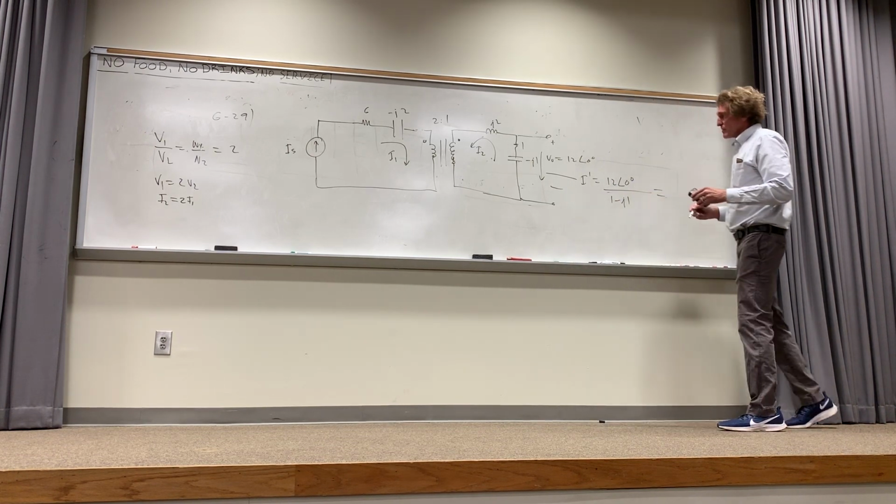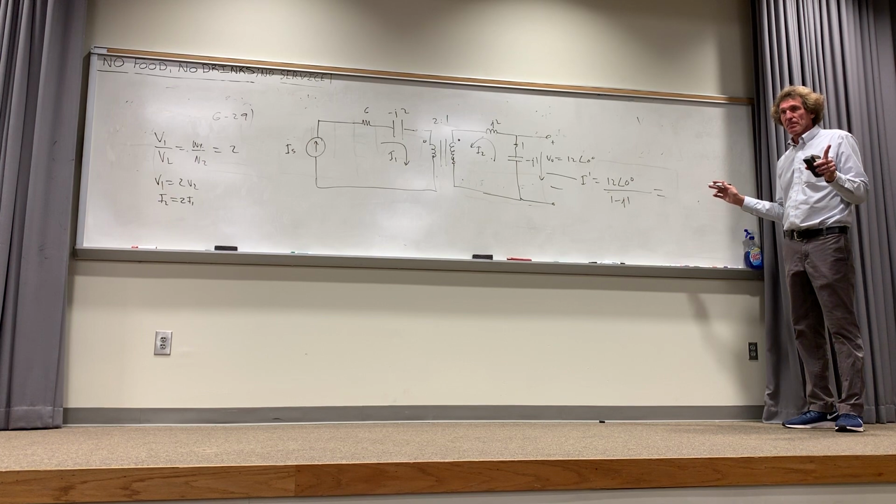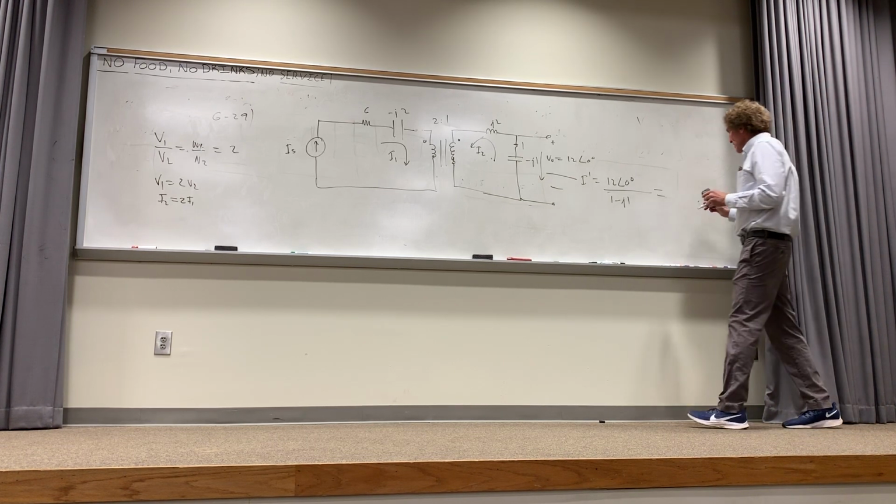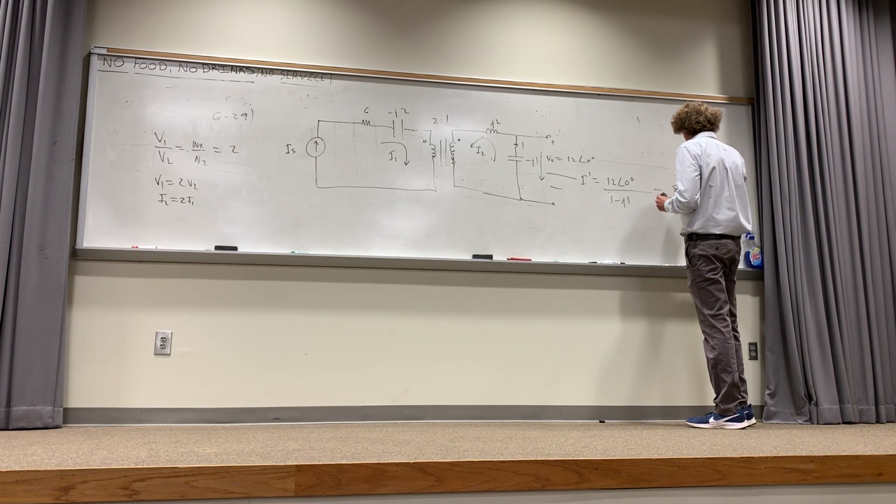You all agree that's the current there? It's not the current we want, but at least it's the same magnitude, just not the right sign. So what is this going to be? Anyone? 8.48 at an angle of 45 degrees.